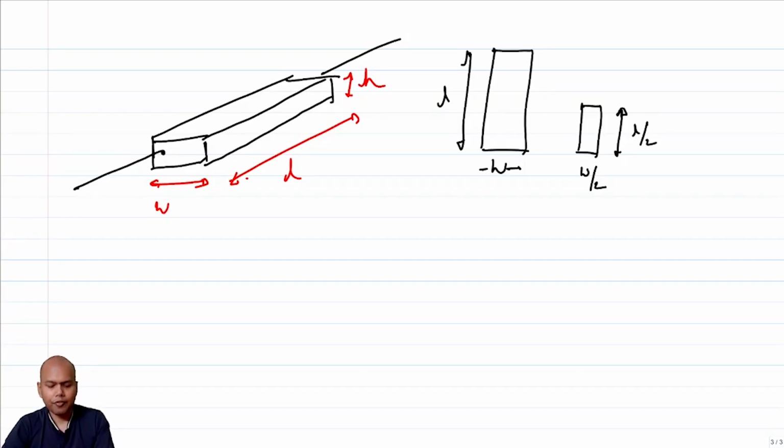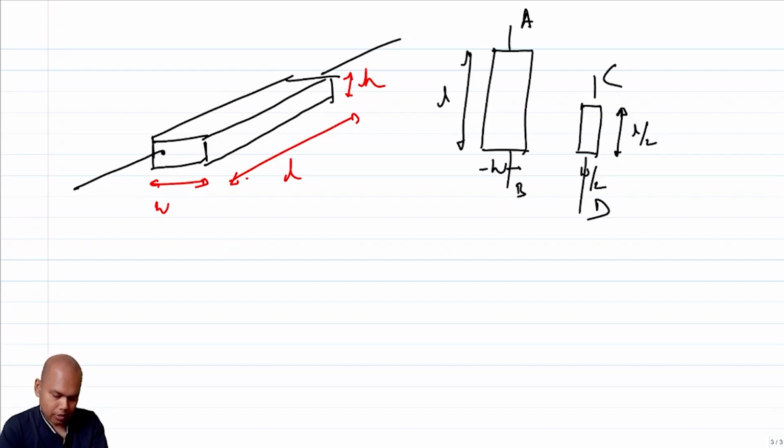Which one do you think will have higher resistance between these 2 points, between A and B, between C and D? If I neglect all the other second order effects, what can you comment on the resistance between RAB and resistance between RCD?